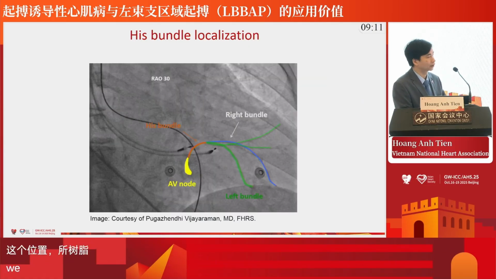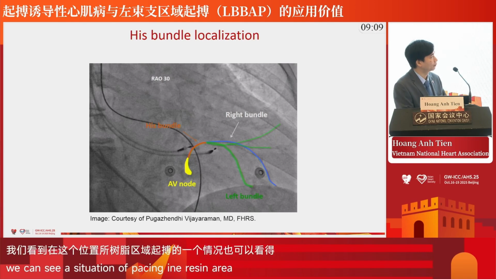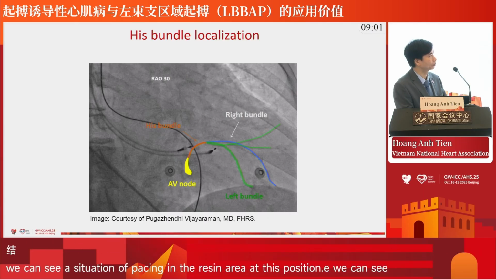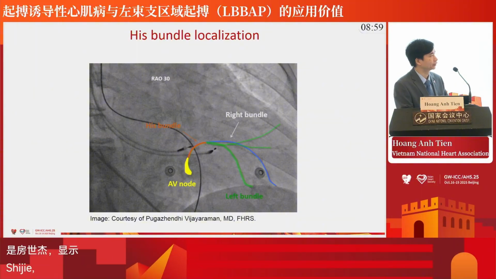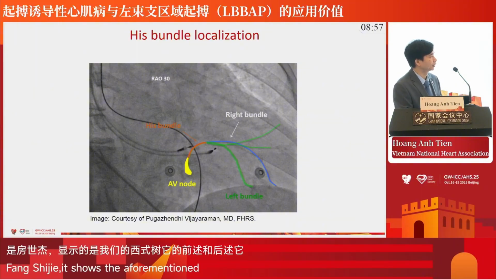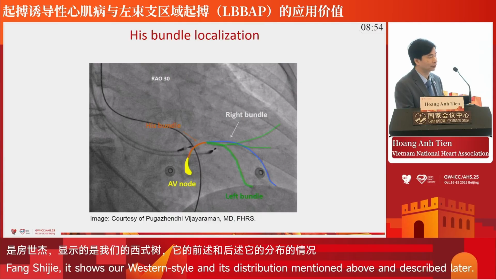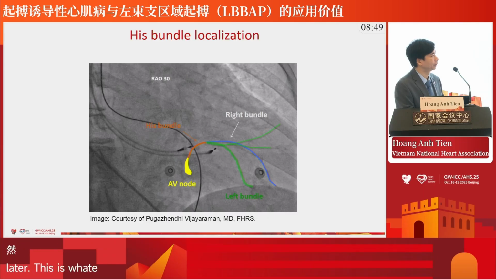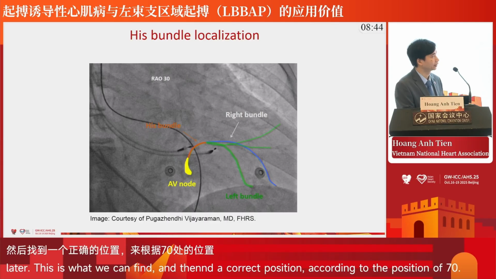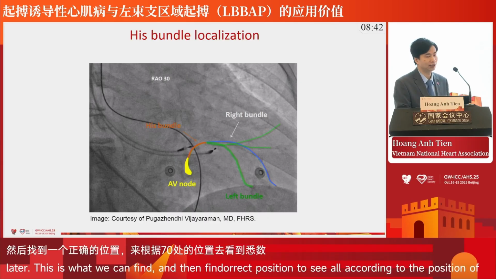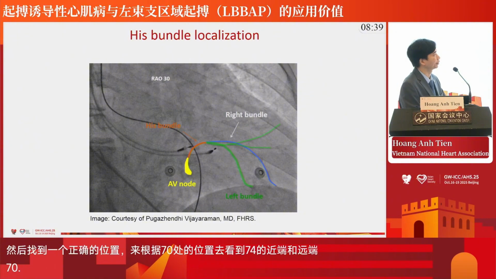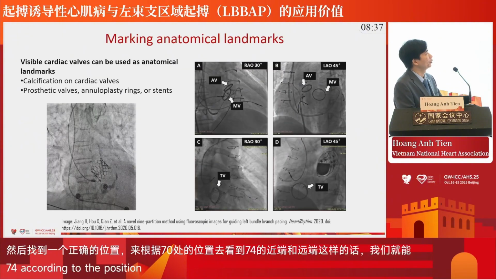Here it demonstrates the AV node, the His bundle, the right bundle, the left bundle, and the anterior and posterior fascicles. So we can adapt and find the right position depending on the length of the His bundle, whether proximal or distal of the His, and so we can calculate or estimate the position of the left bundle branch area pacing.